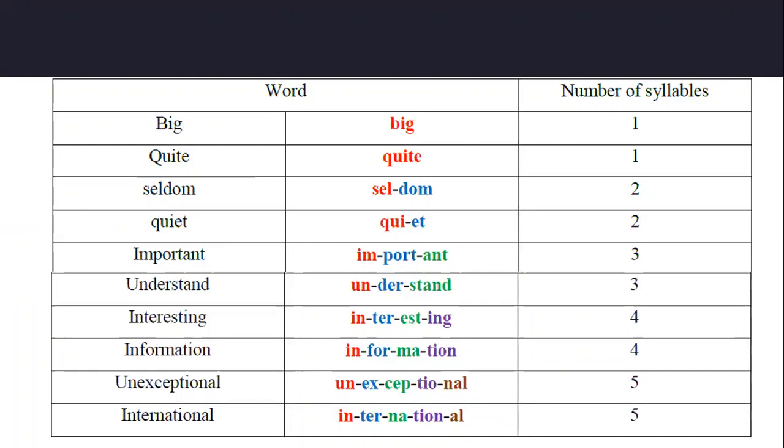Important with three syllables, understand with three, interesting with four, information with four, exceptional with five, and international with five. So a syllable is how you divide a word into units of sound, and it can contain vowels as well as consonants.